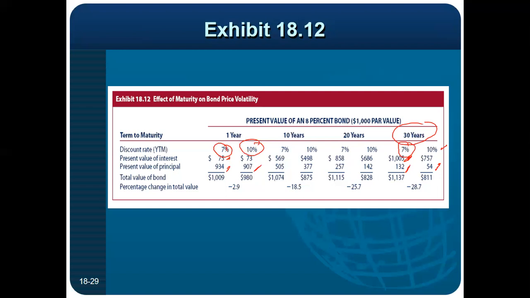So the percentage change in total for 1 year is lesser compared to the percentage change for 30 years. So that's why it says that price volatility increases at a decreasing rate with the maturity. A longer maturity bond experiences a greater price volatility.